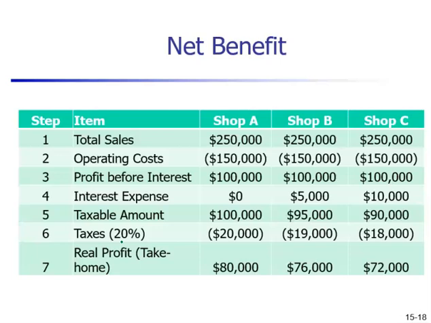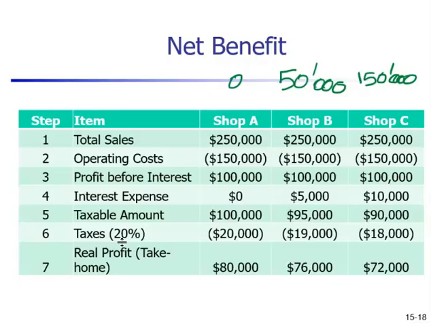The loan that Shop C has taken is 150,000. The loan Shop B has taken is 50,000, and Shop A is 0. So when you look at this, it makes sense that Shop A is going to make more money because they don't pay interest.